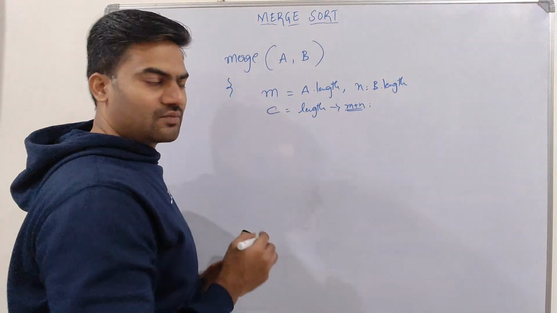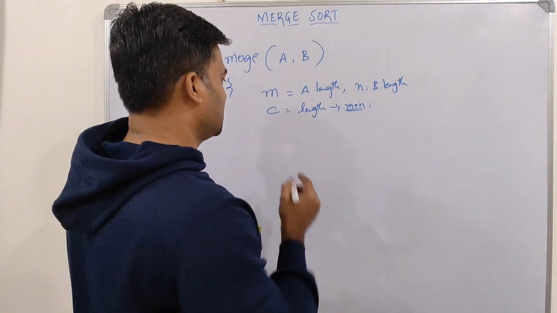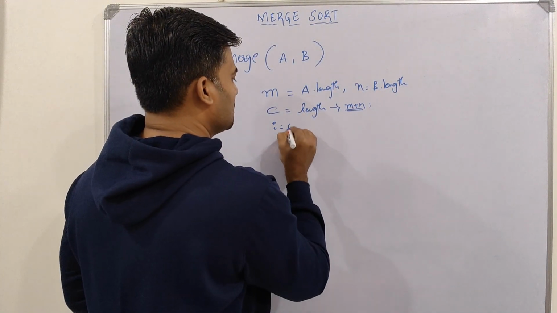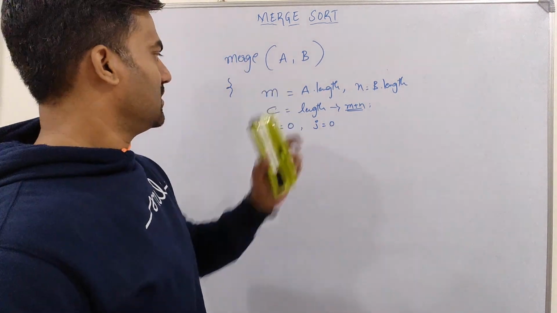Now let us take two pointers, I equal to 0 and j also equal to 0.